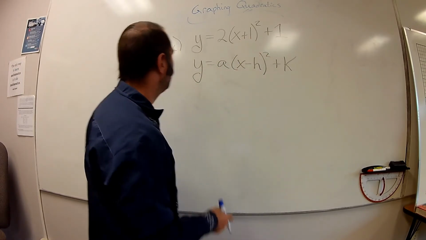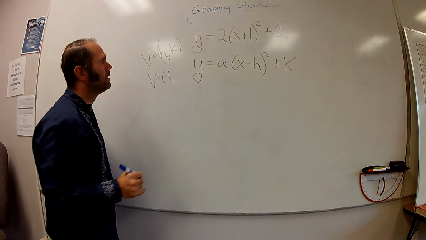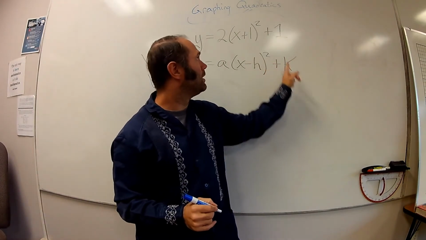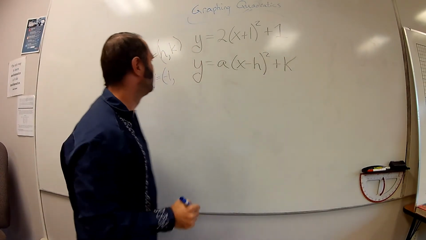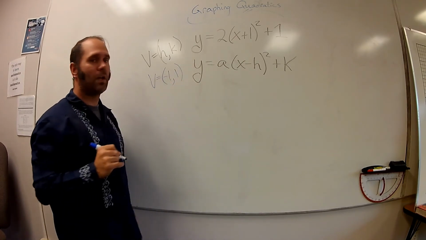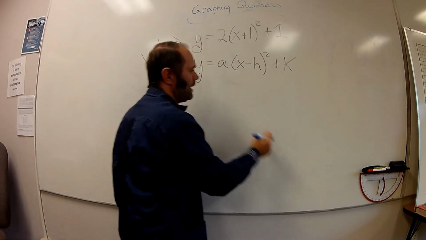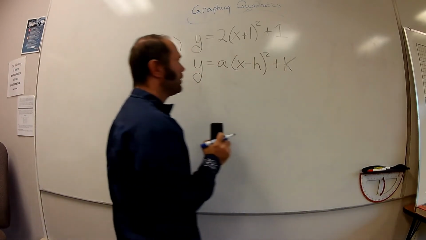H is negative 1. So our vertex is negative 1 comma, plus k, plus 1. So it is 1. So negative 1, comma 1. So that's our vertex. So we're going to go ahead and graph the vertex.